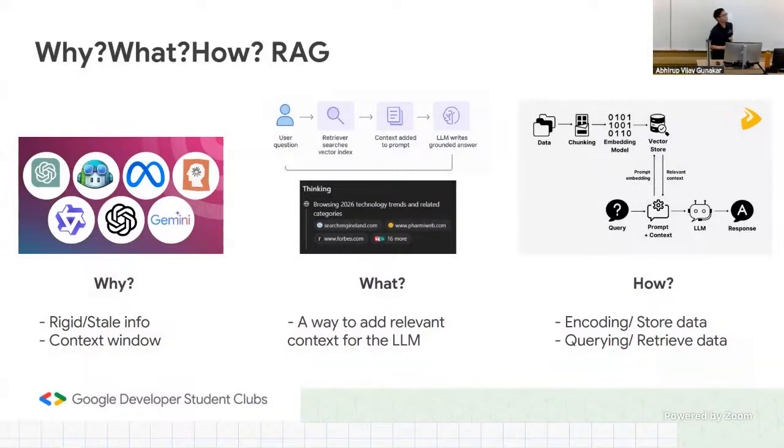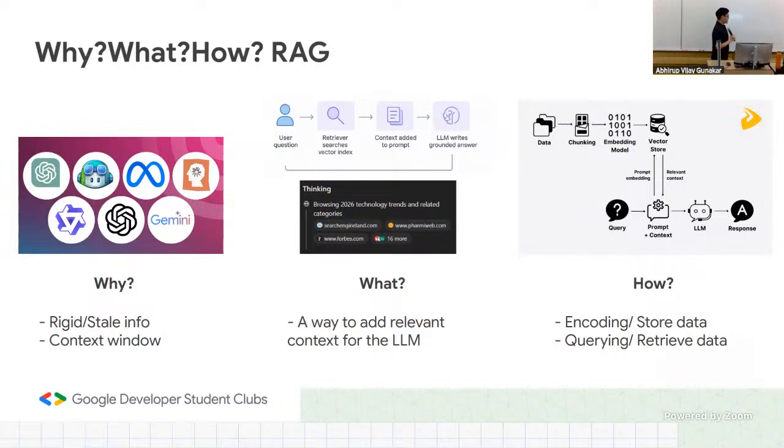So to recap, why was RAG invented? Specifically because normal LLMs have rigid or stale information encoded into them. Their context window, especially for the lightweight models, is limited. Secondly, what is RAG?